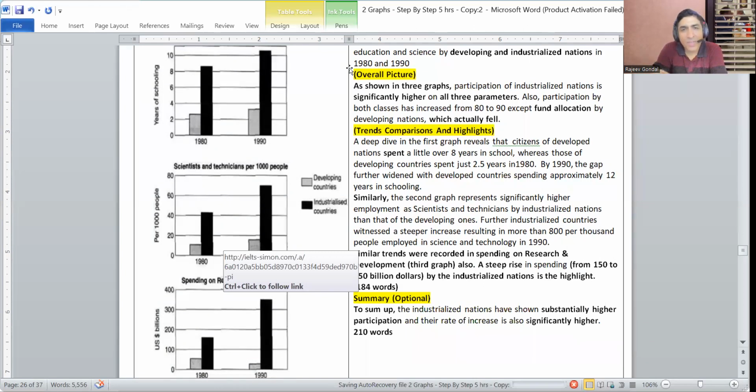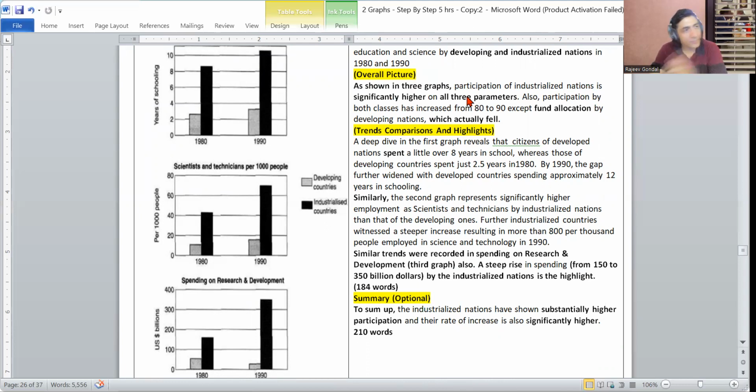So here we have written, as shown in the three graphs, participation of industrialized nations is significantly higher on all three parameters. We can simply write, in a very precise manner, a one-liner of what the three graphs are talking about; that is the overall picture.